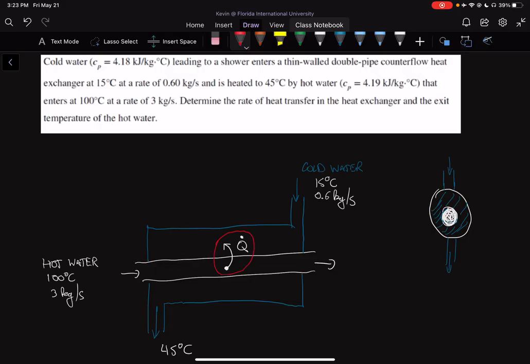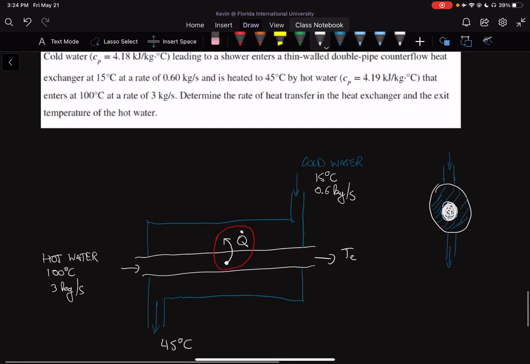And we're also going to be looking for the temperature at the exit of the cold water, and the temperature of the exit of the hot water as well. Now, one thing we can say about heat exchangers is that because there are no moving parts, the power, or work dot, is equal to 0.